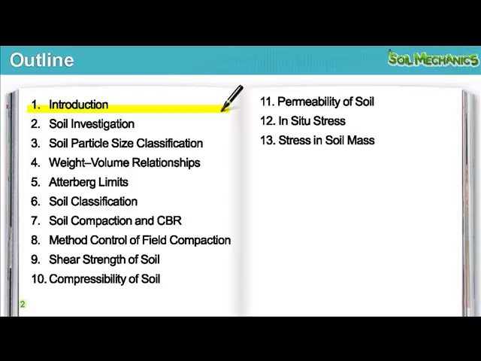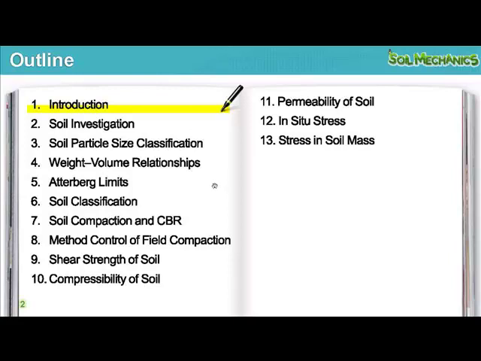So how do we classify them according to the particle size, using several standards like ASTM, AASHTO, or USCS, soil particle size classification.